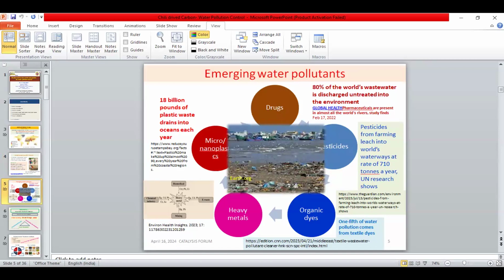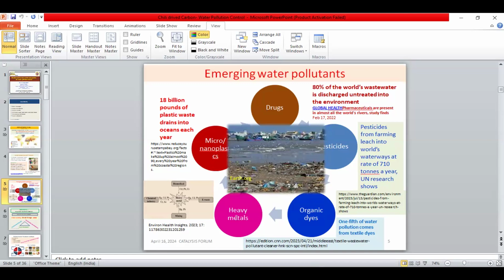Similarly, the second item is pesticides. 710 tons of pesticides come into waterways every year. Similarly, organic dyes take the maximum pollution part. One fifth of water pollution comes from textile dyes only.